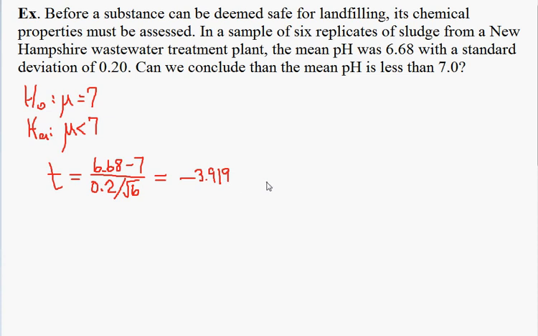So to use the p-value method, we will determine what's the probability of seeing an event this extreme or more extreme. So I have a t distribution, and I have 5 degrees of freedom, 6 minus 1. Now in this case, extreme means I shade to the left.